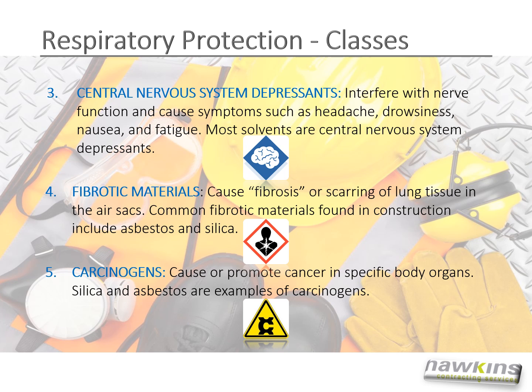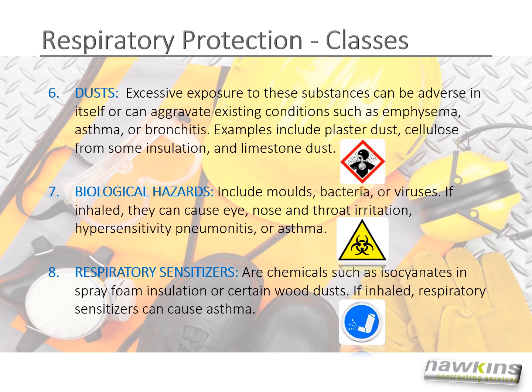They cause or promote cancer in specific body organs. Silica and asbestos are examples of carcinogens. Dusts. Excessive exposure to these substances can be adverse in itself or can aggravate existing conditions such as emphysema, asthma, or bronchitis. Examples include plaster dust, cellulose from some insulation, and limestone dust.